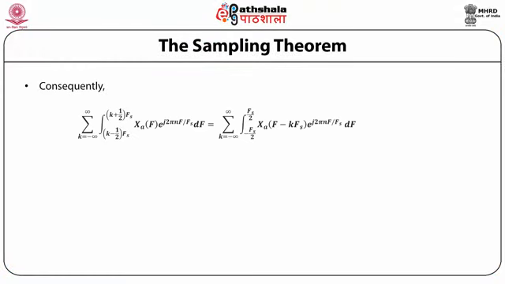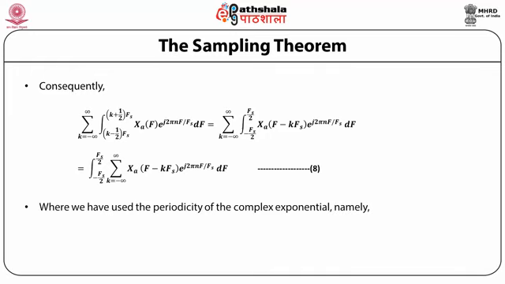Consequently, the summation over k of the integral from k minus half fs to k plus half fs of Xa(F) exponential j2 pi nF by fs dF is equal to the summation over k varying from minus infinity to infinity of the integral from minus fs by 2 to plus fs by 2 of Xa(F minus kfs) exponential j2 pi nF by fs dF.